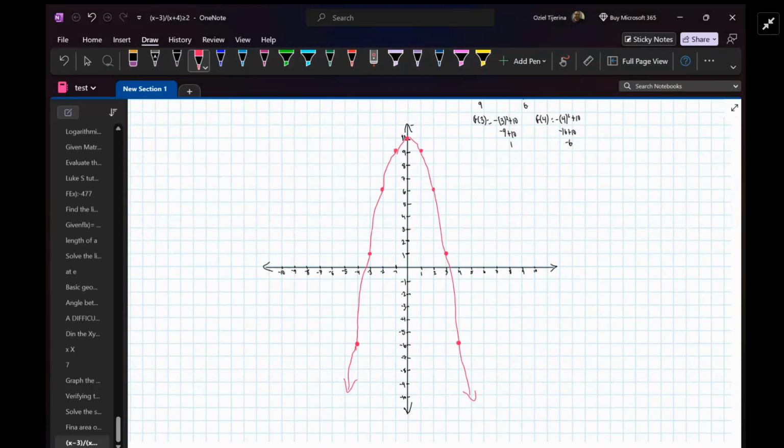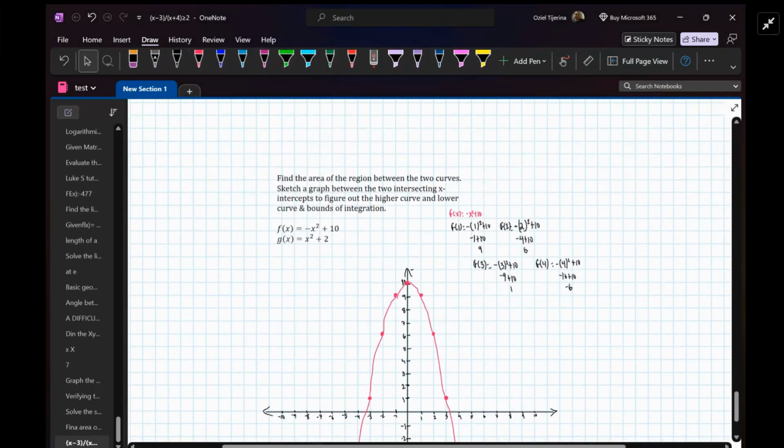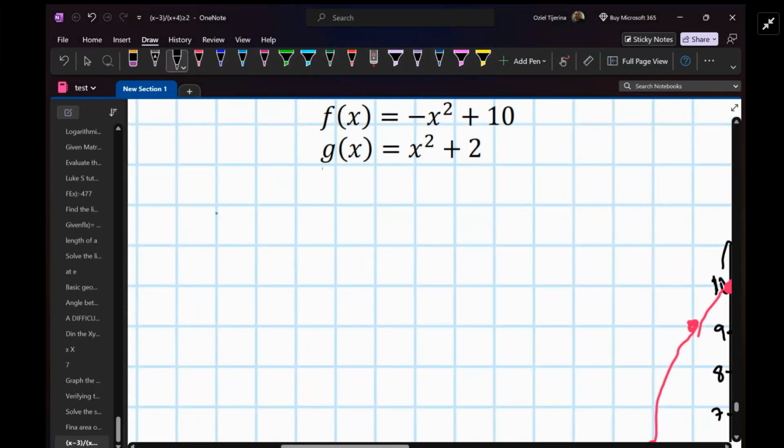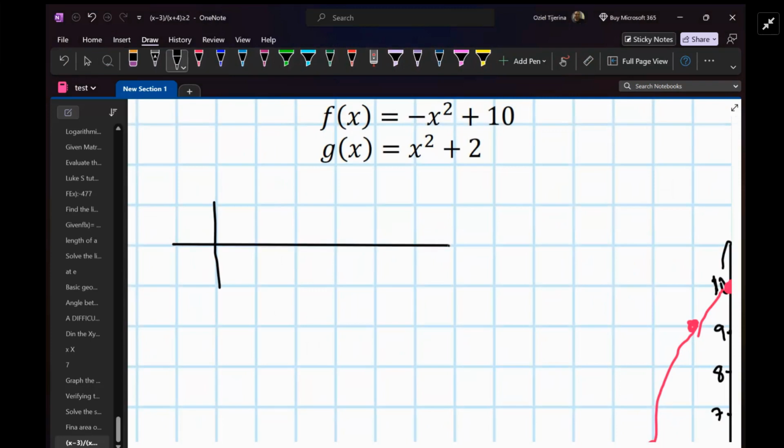And now we're going to do x squared plus 2. So again, you just want to do a table of values, and you can also do this mentally, right?